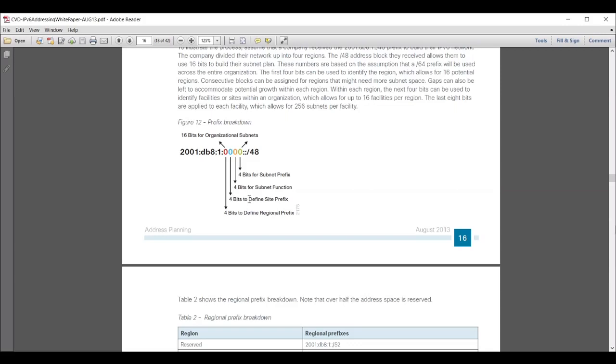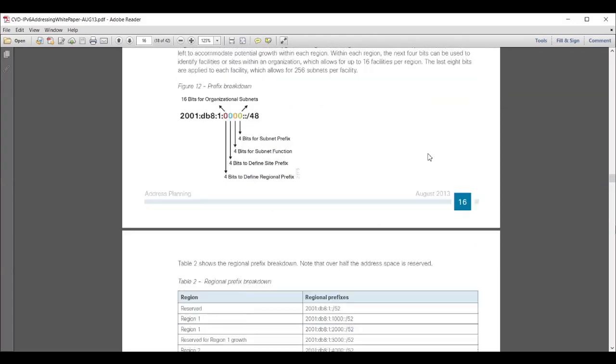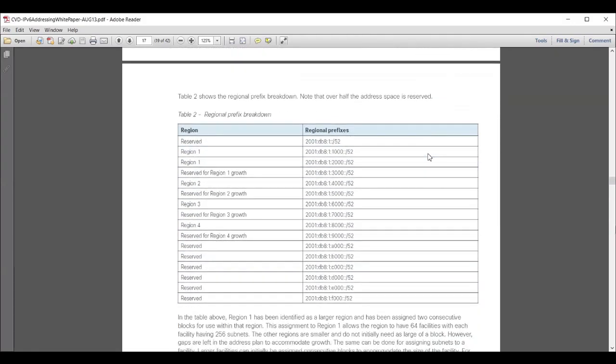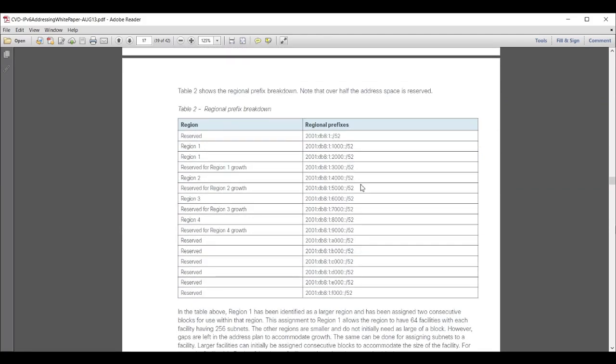Another 4 bits define the site prefix, in which site this particular network is residing. Then these 4 bits are for a particular subnet function, and these 4 bits also for the subnet prefix, right? So you can see some of the regional prefixes that have been assigned.